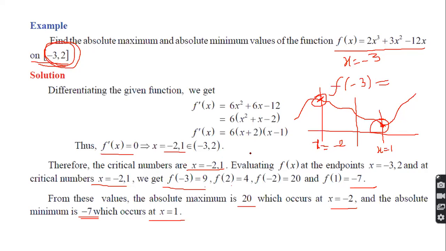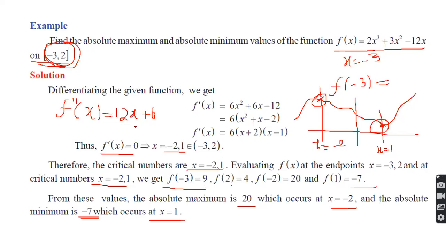That is one method. The other method is to find f double dash of x. What is f double dash of x? F double dash of x is 12x plus 6.